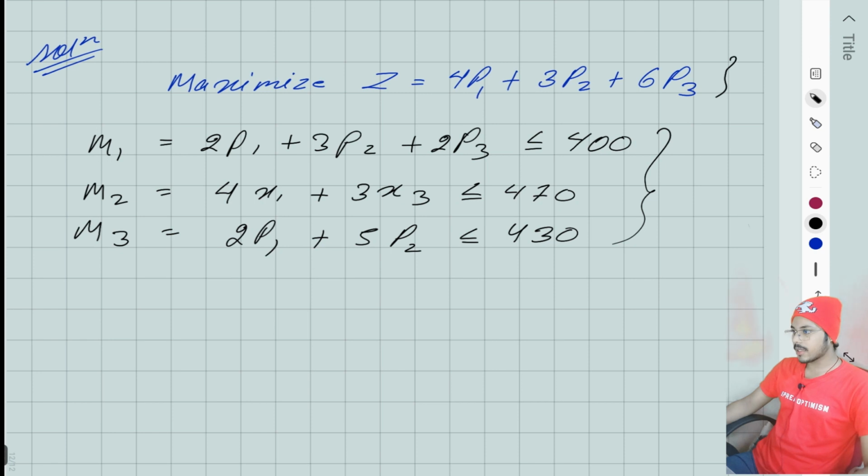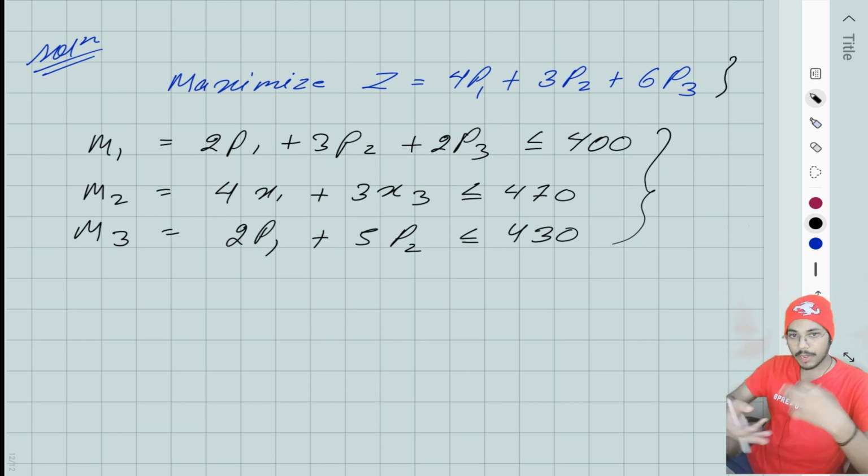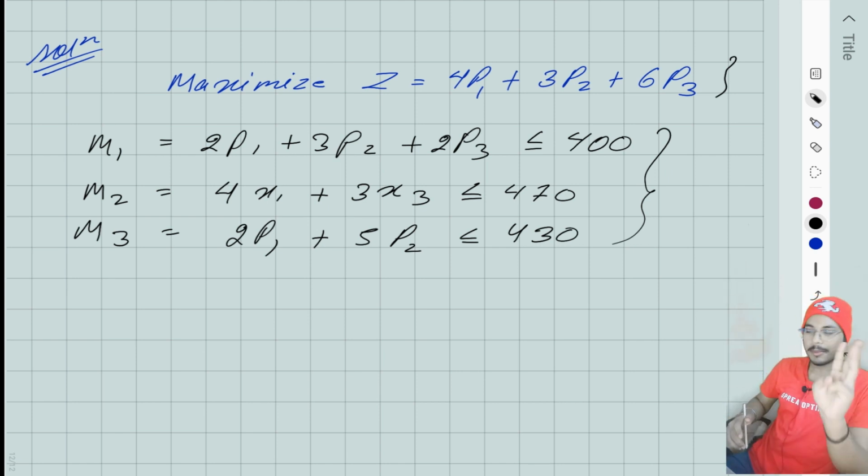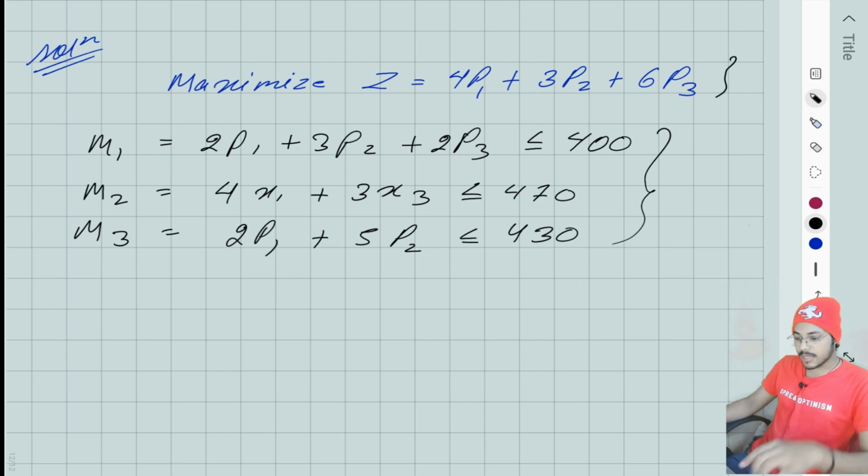I hope you all are getting these things. Let me recap this problem for you. Listen quickly. There are 3 products being produced by 3 different machines, and these machines have their capacity. M1 has 440, M2 has 470, M3 has 430 per day.